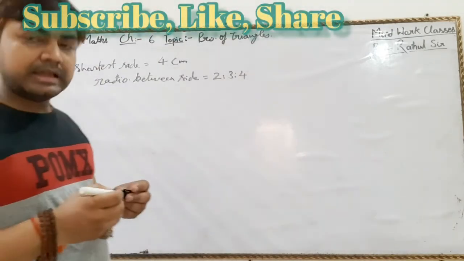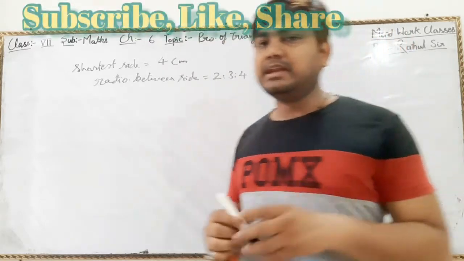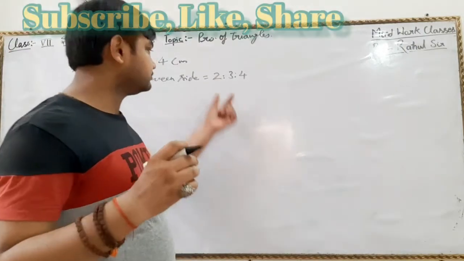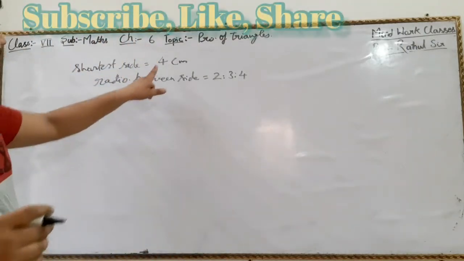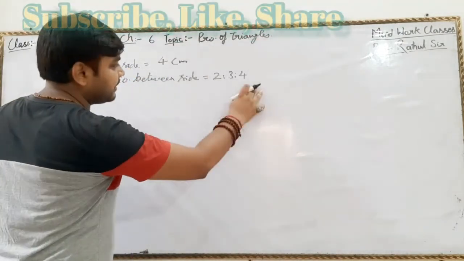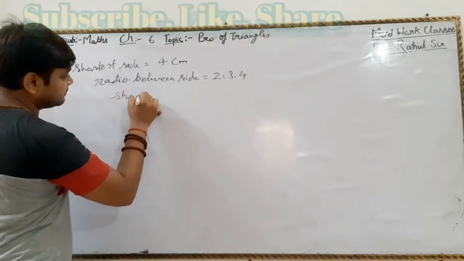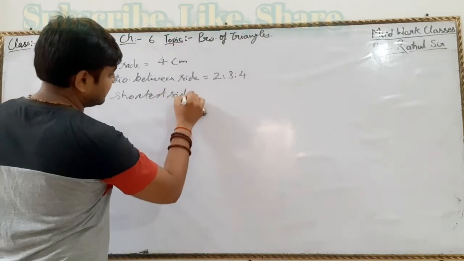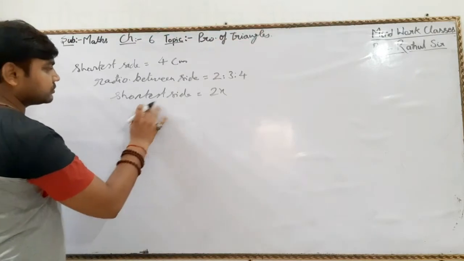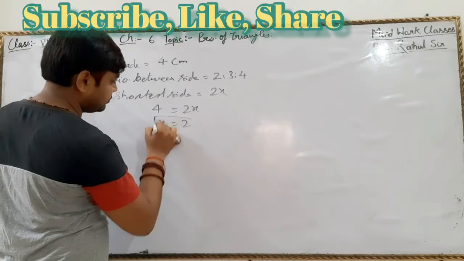Now listen, if we multiply these numbers with x, the shortest side is equal to 2x. The shortest side is given 4, so 2x equals 4, x equal to 2.